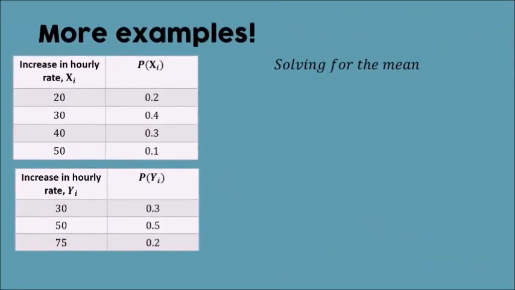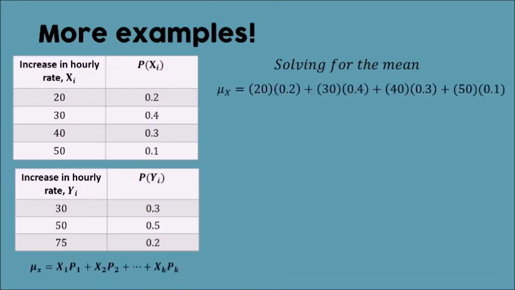Always remember that given two random variables X and Y, the expected value of the sum of X and Y is equal to the sum of the individual expected values. So we need to solve for the mean of the probability distributions first individually. For the first table, substitute all the values to the mean formula like how we used to do from the past examples.